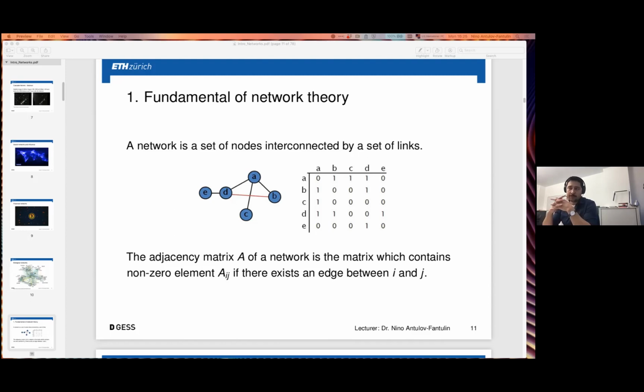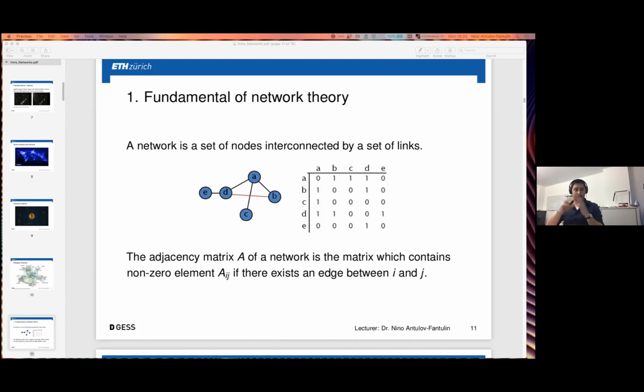From the point of view of mathematics, we can incorporate the structure of a network into a rectangular matrix. If we are talking about n components in a system, then this matrix is going to have dimension n times n. If we are talking about a very simplified system where edges can only appear or not appear, then we would place 1s or 0s inside.